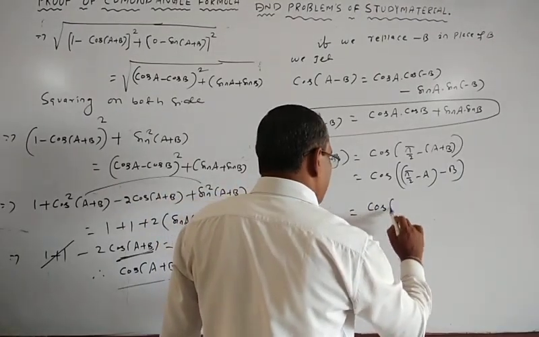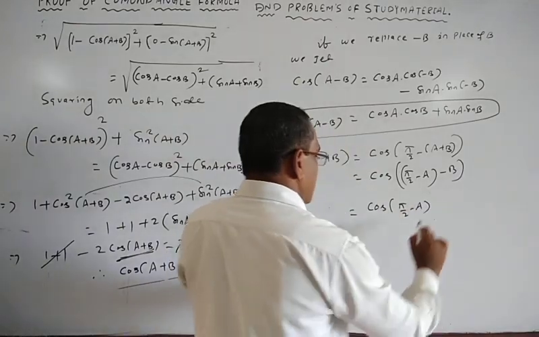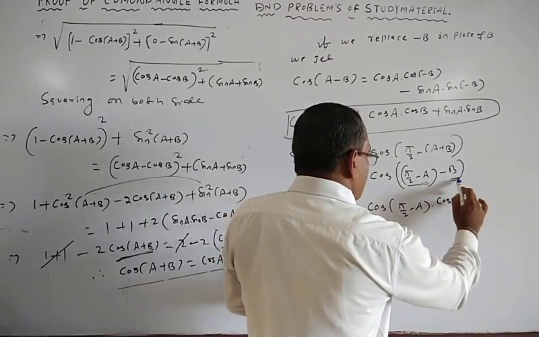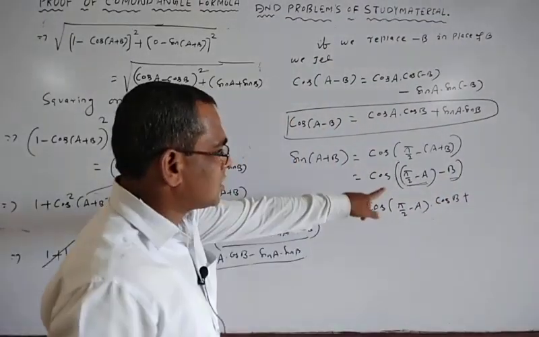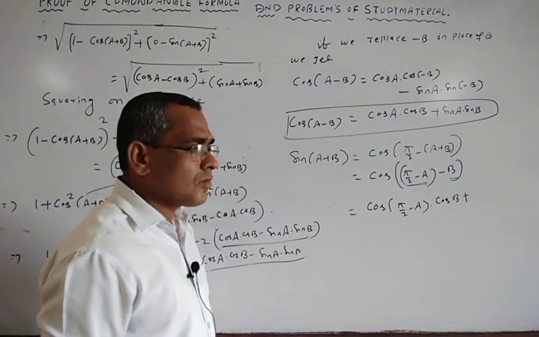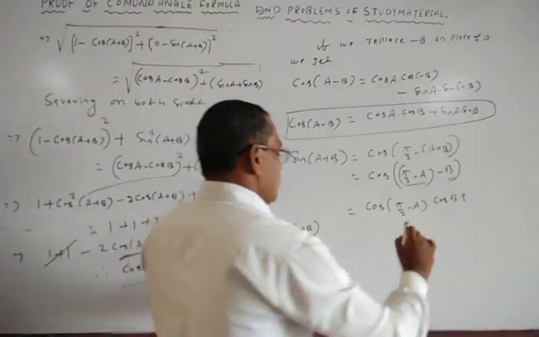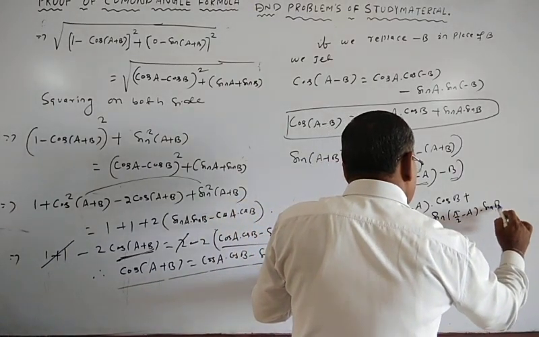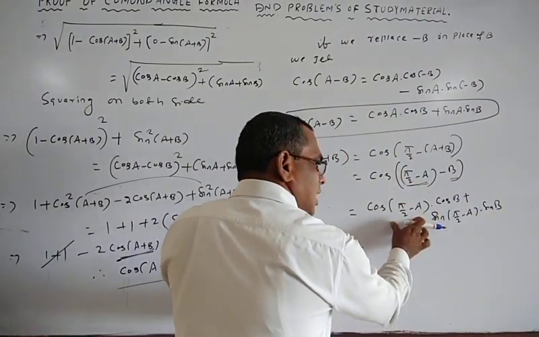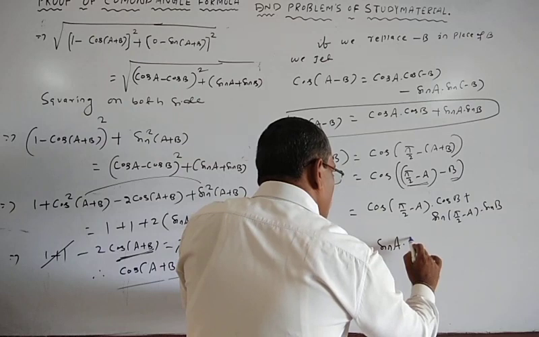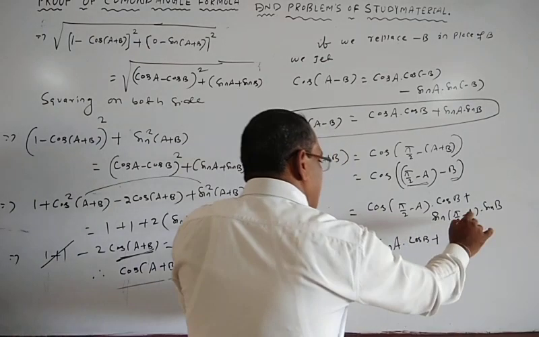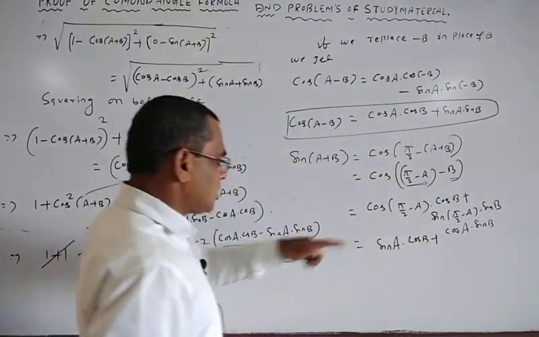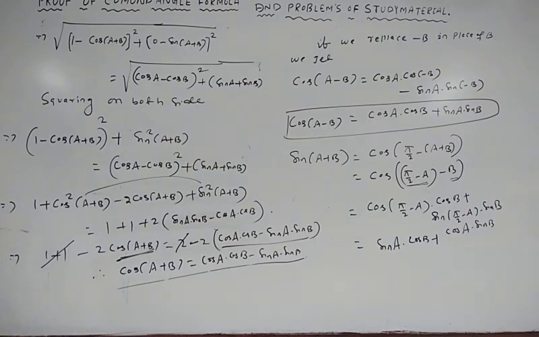So cos of (90 minus a) into cos b plus sin of (90 minus a) into sin b. Cos of (90 minus a) means sin a, sin of (90 minus a) means cos a. So sin of (a plus b) is equal to sin a cos b plus cos a sin b.